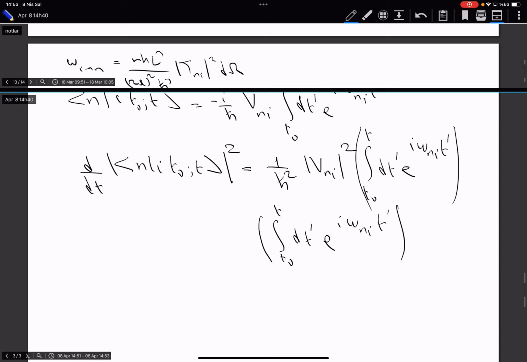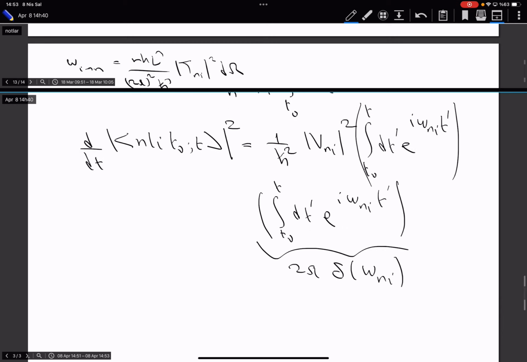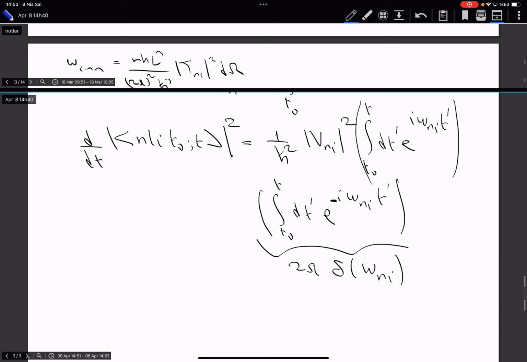So one of these integrals would essentially give me 2 pi times the Dirac delta of omega_ni. If I replace one of them with the Dirac delta, the time derivative of the other one would just give me 1. So there's a minus somewhere. No, this shortcut basically doesn't work.